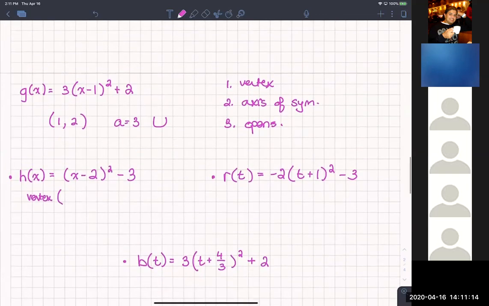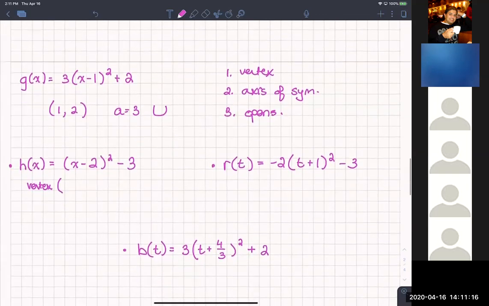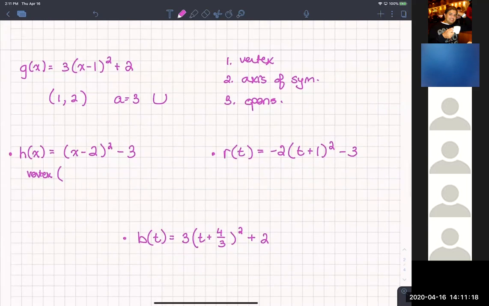I'm looking at this one right here. What is h? 2. Okay, and what is k? -3. So that's my vertex.